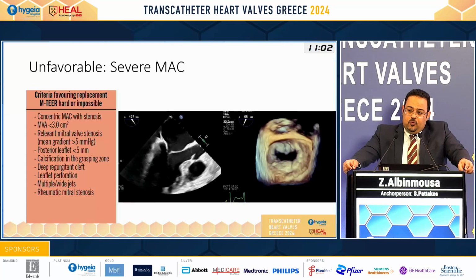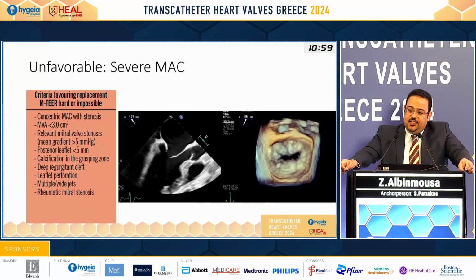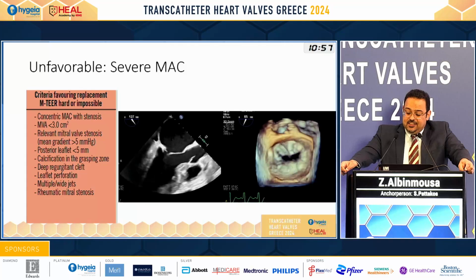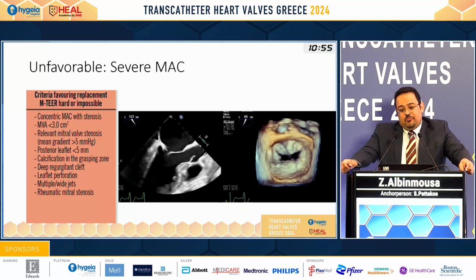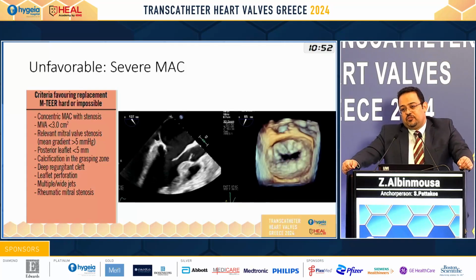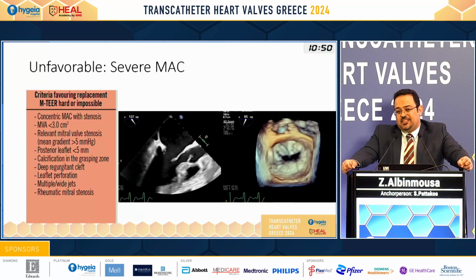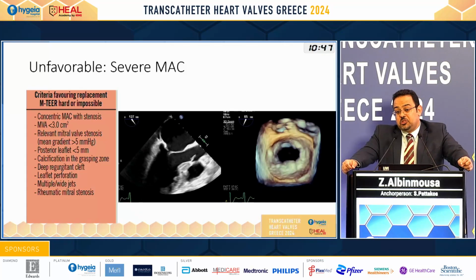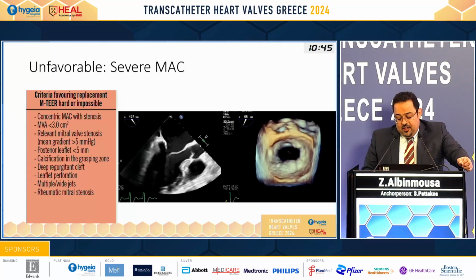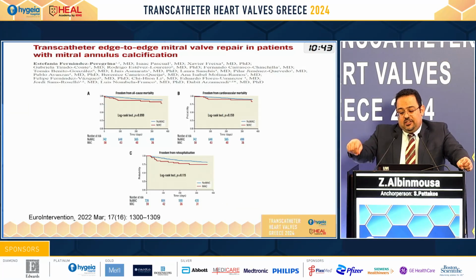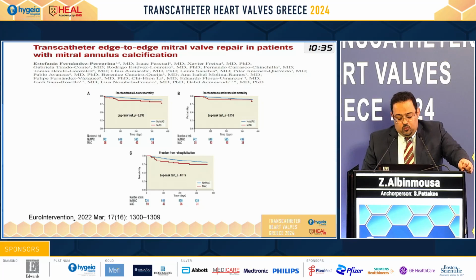This makes the posterior mitral leaflet very short and restricted, and puts the leaflet at great risk of rupture or tear if you grasp it. However, I came across this study from Spain where they treated severe MAC patients with mitral valve TEER, and they had good results compared to the control.